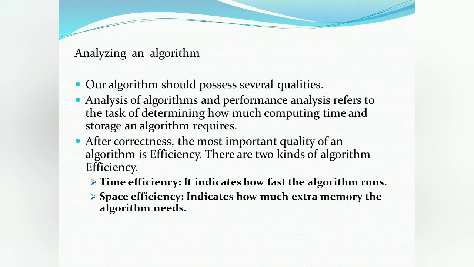Time efficiency indicates how fast the algorithm runs. Space efficiency indicates how much extra memory the algorithm needs. Simple algorithms are easy to understand, so resulting programs will be easy to debug.